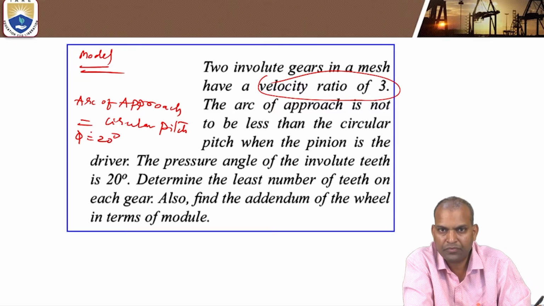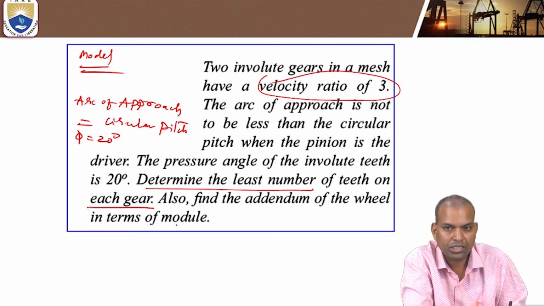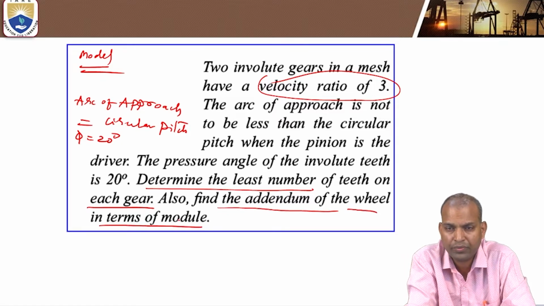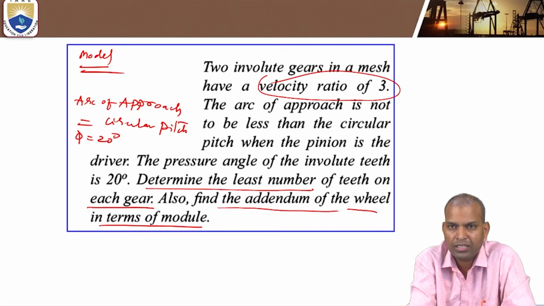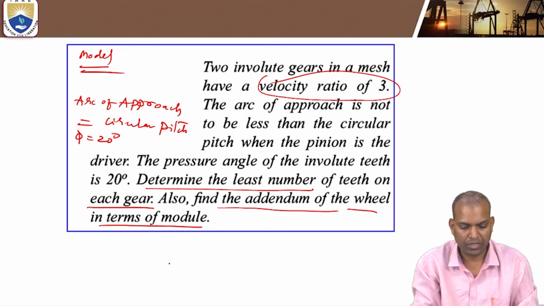Determine the least number of teeth on each gear. Also find the addendum of the wheel in terms of module. So we have to find out the addendum of the wheel and also the least number of teeth required on each gear. These are the two objectives we have to calculate.